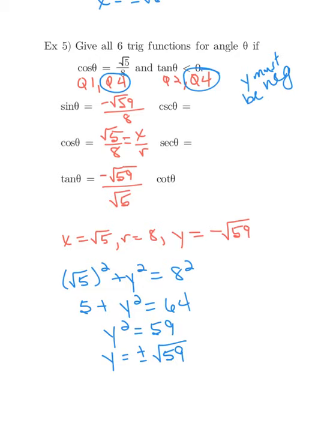You can leave that in that radical form. For cosecant, we're going to flip the sine, so we will get 8 over negative square root of 59. For secant, you're going to flip cosine, giving us 8 over square root of 5. And cotangent, we're going to flip tangent, so we're going to get square root of 5 over negative square root of 59.